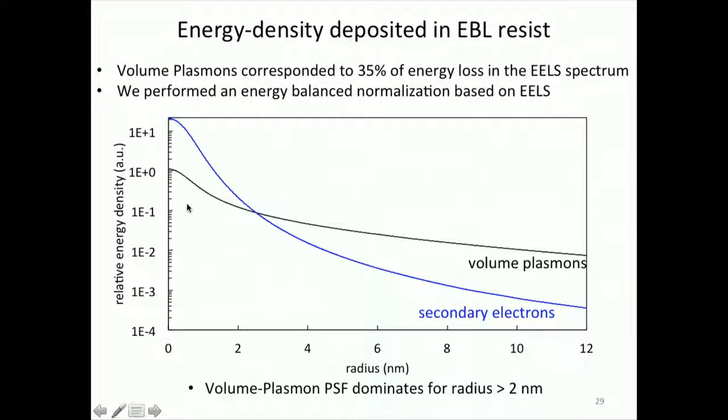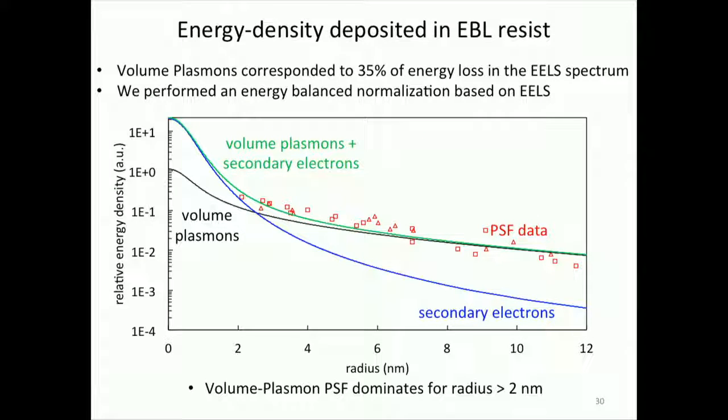So by considering the volume plasmon PSF and the spot size, and the secondary electron PSF and the spot size in the tool, here I plotted the energy density deposited by volume plasmons and by secondary electrons. You can see here that volume plasmons have a larger contribution than secondary electrons for radius larger than 2 nanometers. What that means is that volume plasmons will give you a harder time making higher resolution dense structures by e-beam lithography in this range.